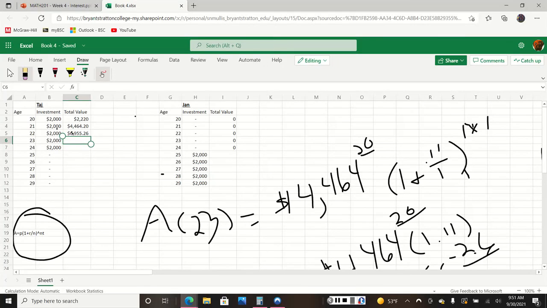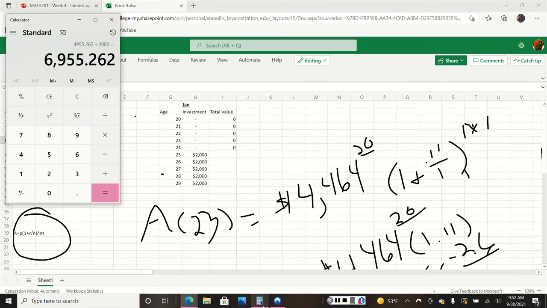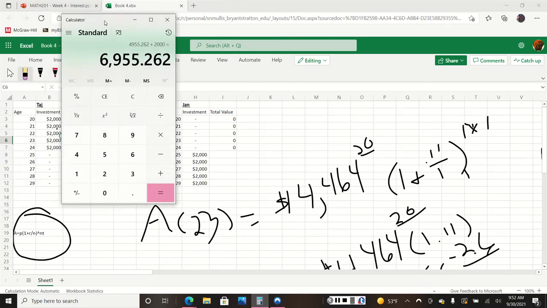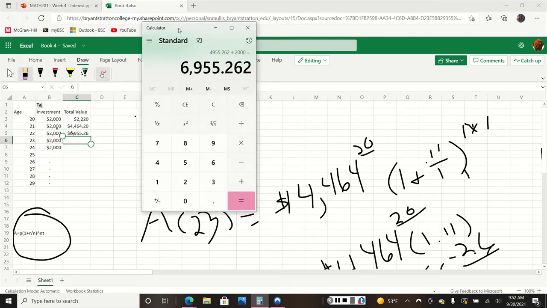So she invested 2,000 dollars at 20 years old, another 2,000 at 21 years old, another 2,000 at 22 years old, another 2,000 at 23 years old, and then the final time that she invests is at 24 years old. So I need to get that amount, 6,900. Oh, so it looks like we do have that amount for that year.